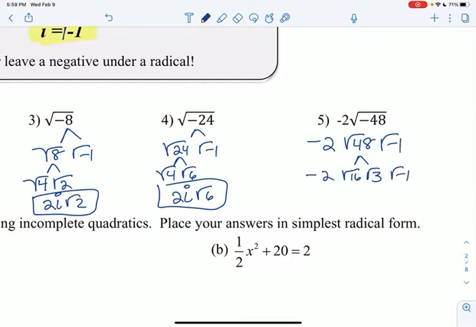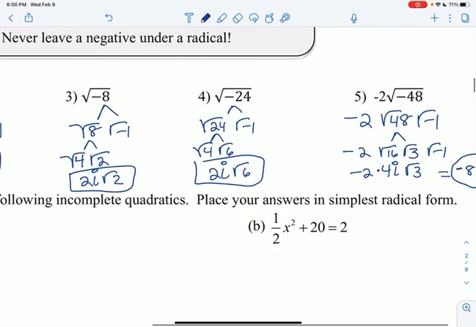Now the square root of 16 is 4, so that gets multiplied by the negative 2 that's in front. The square root of negative 1 is i, and the square root of 3 stays square root of 3. So the radical 16 and the radical negative 1 simplify to 4i, and that 4i gets multiplied by the negative 2 in front. So it's negative 8i radical 3.